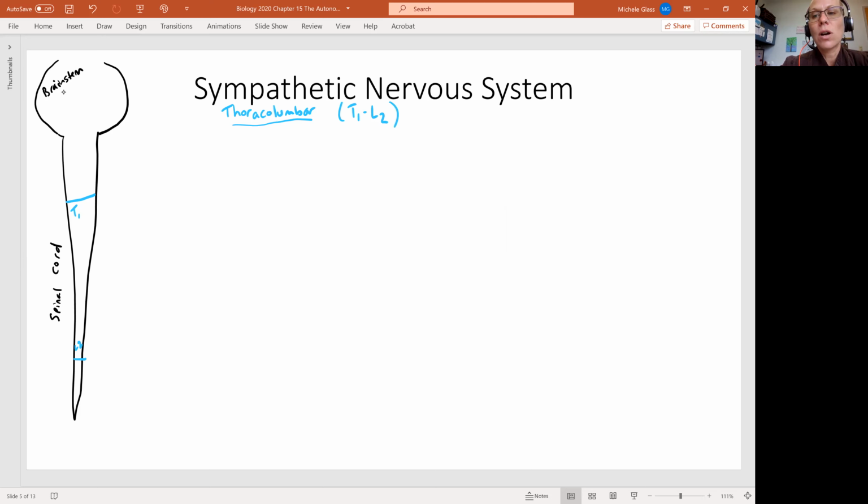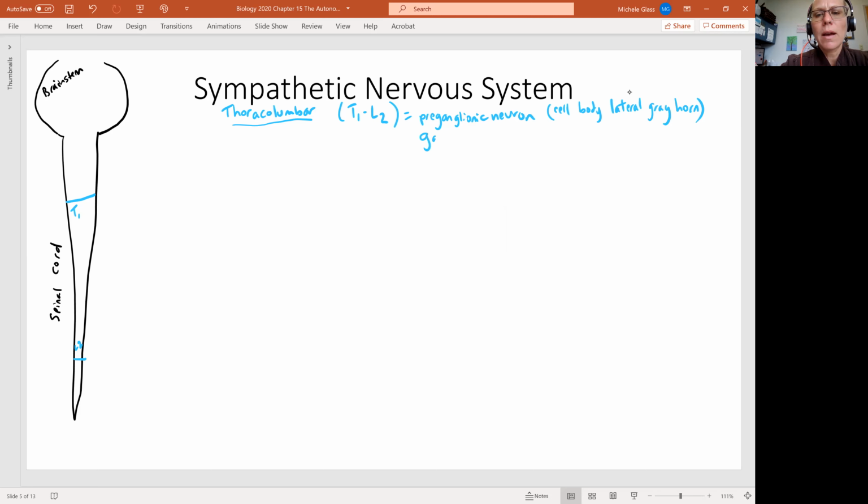So we're going to have what's called the preganglionic neuron, which is going to have its cell body in the lateral gray horn of the thoracolumbar region between T1 to L2.